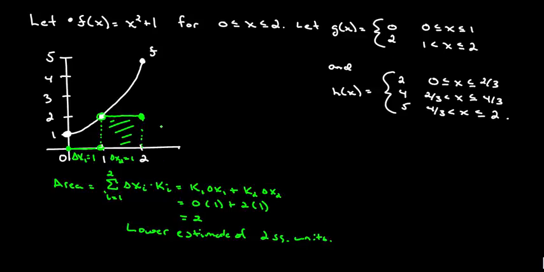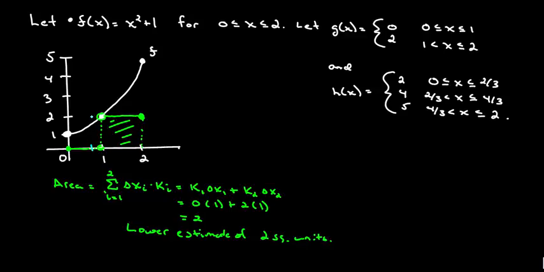So now let's take a look at h. Let's do h in blue. H goes from 0 to 2/3, so right here. That's the first interval. On this interval, it takes on a height value of 2.